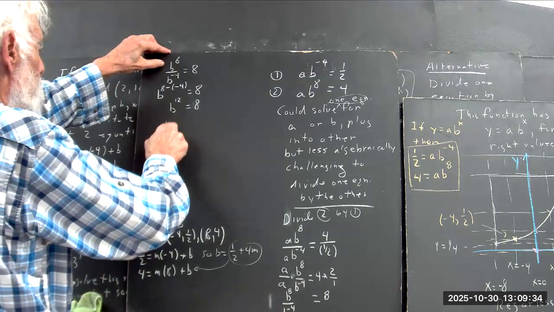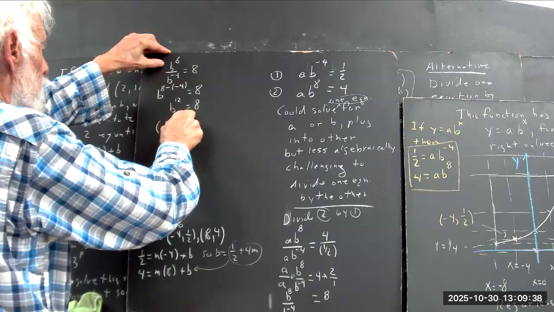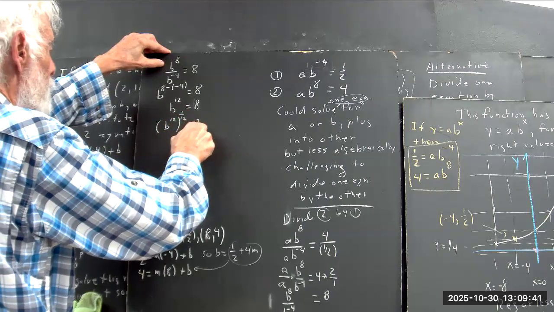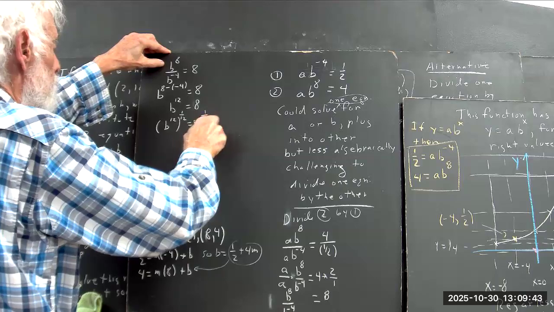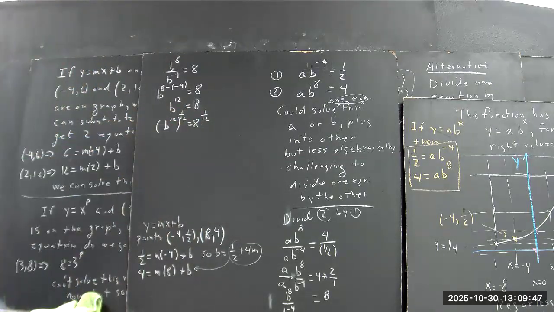To solve it, we have b to the 12th to the 1/12 equals 8 to the 1/12. Now, why does that help solving for b?